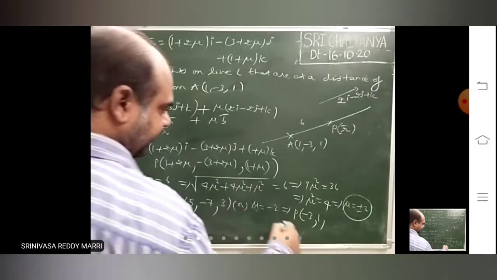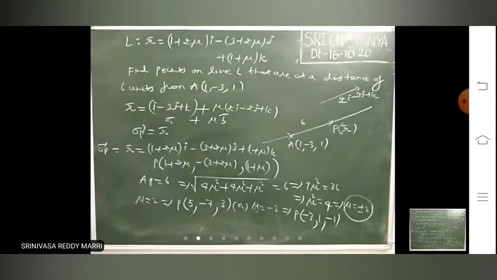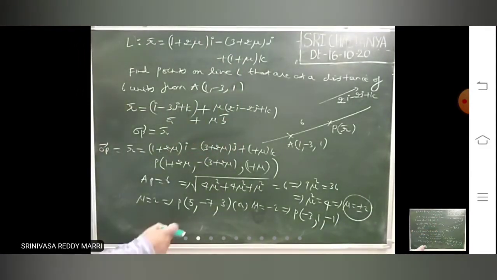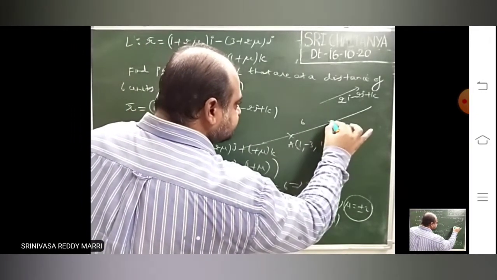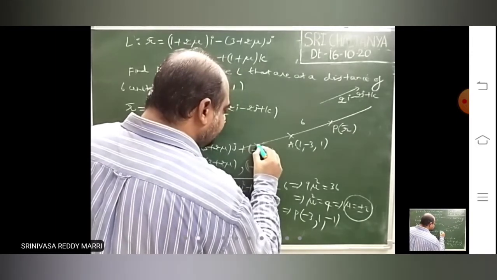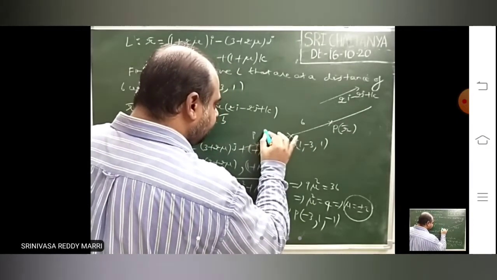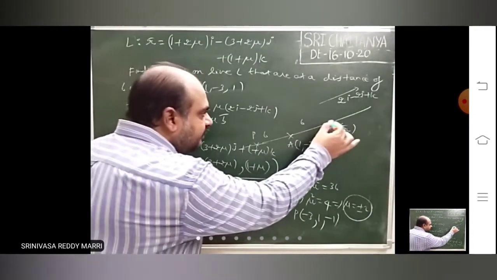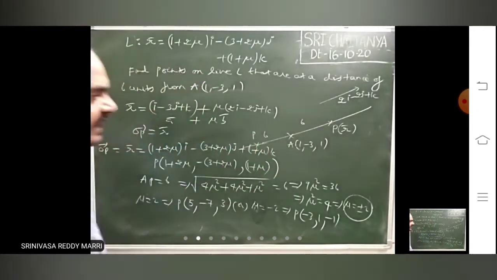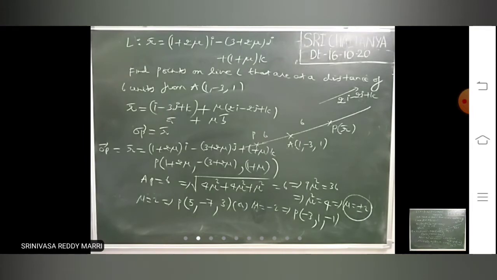Because obviously, 6 units means one point will be on this side and one point on that side. That's why you got two values, two points.